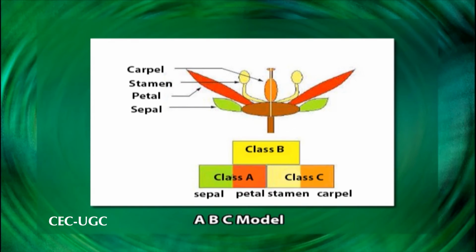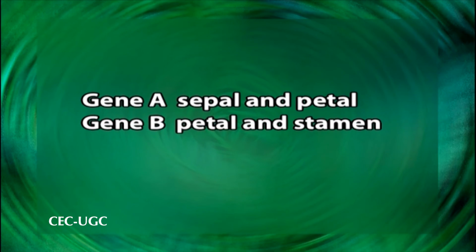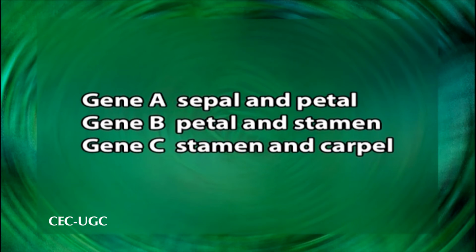The genes are categorized on the basis of their involvement in one of three activities, A, B and C. Gene A controls sepal and petal development, gene B is involved in petal and stamen development, and gene C is involved with the development of stamens and carpels. The genes responsible for activity A are designated as APETALA 2 and APETALA 1.